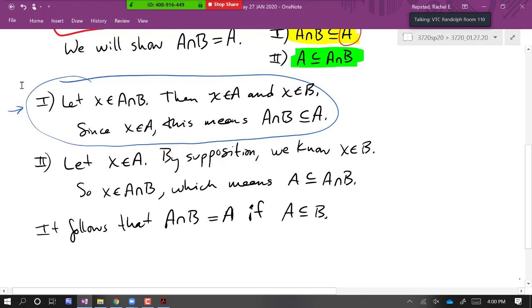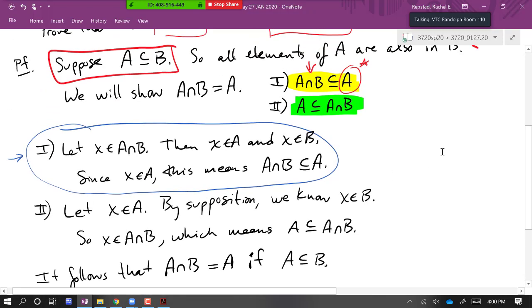So I want to make sure that I understand your question correctly. So you mean if we were trying to say that A union B is equal to A? So if our supposition is the same, that A is a subset of B, then A union B won't be equal to A. It would actually be equal to B.